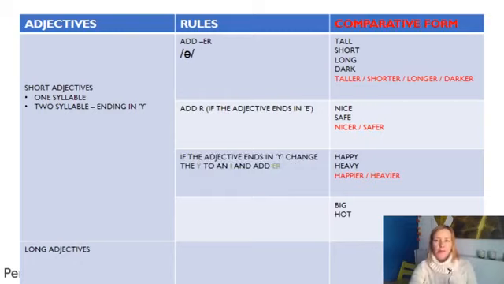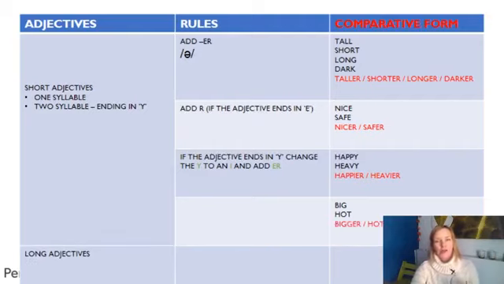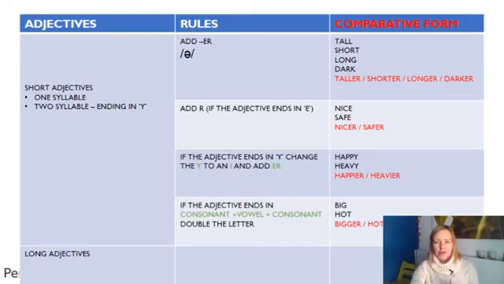Right, so now another type, you remember from the examples before, you've got big, hot. Notice they become bigger, hotter. Why? Because if the adjective ends in consonant, vowel, consonant like big, B is a consonant, I is a vowel, G is a consonant, so it's consonant, vowel, consonant, you double the letter.